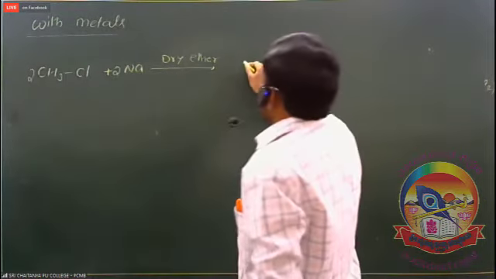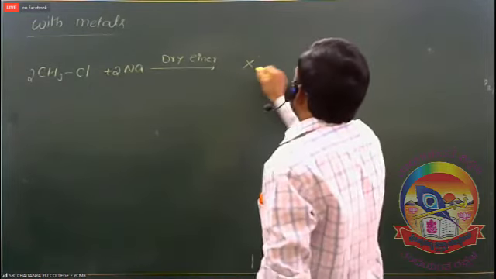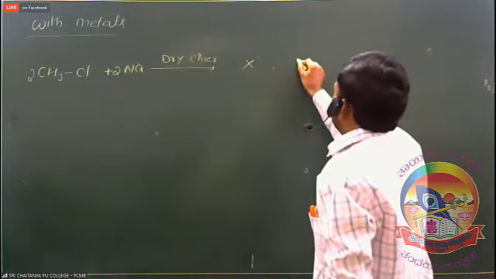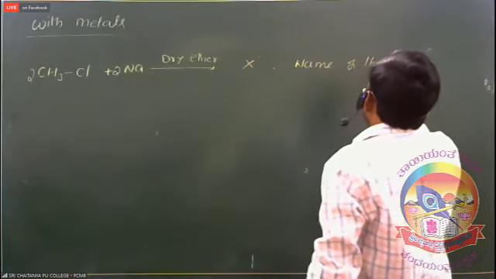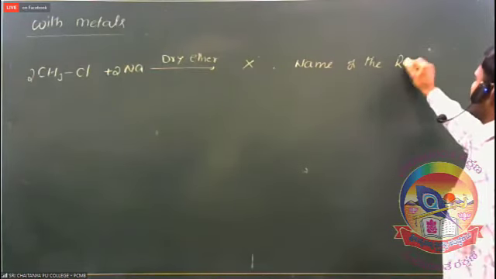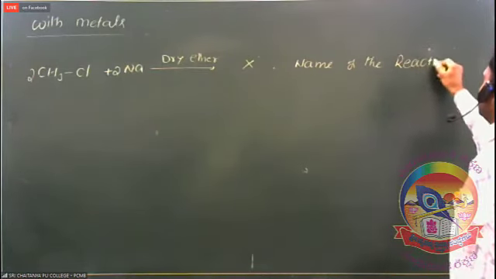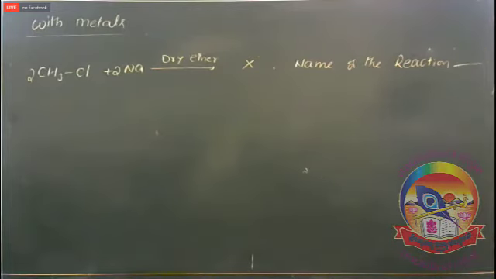Here the product formed is X. What is X, and what is the name of the reaction?